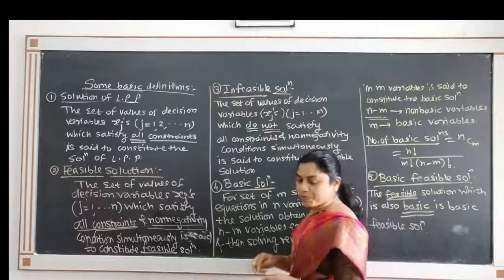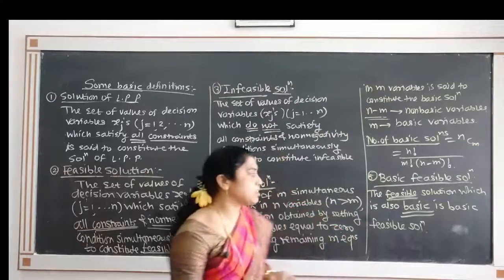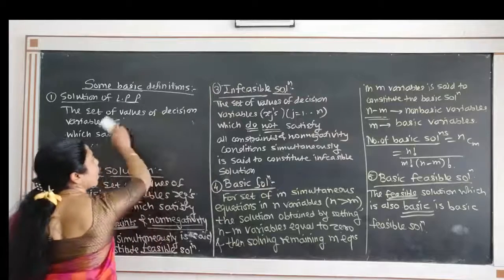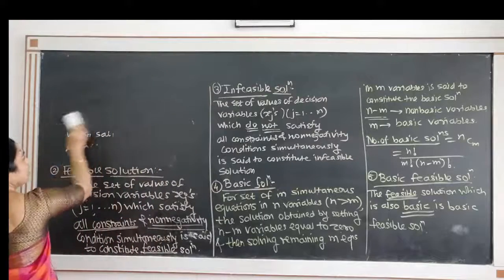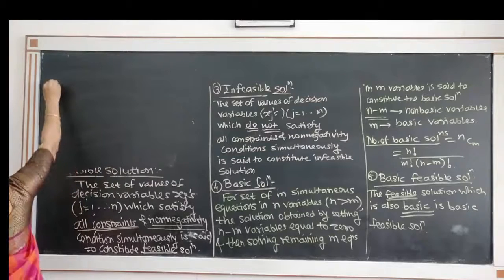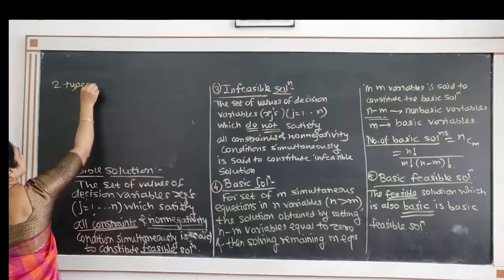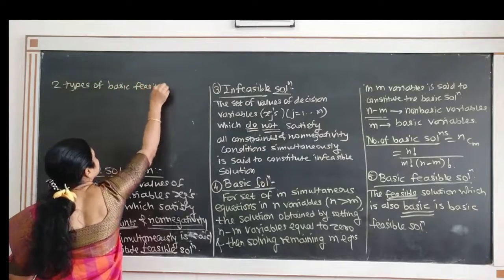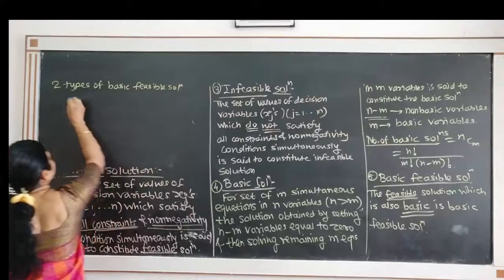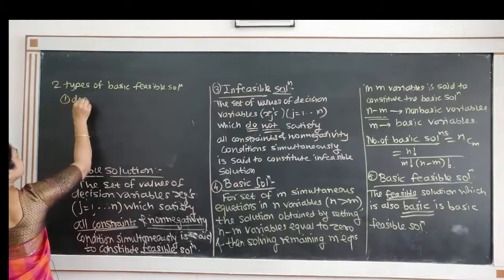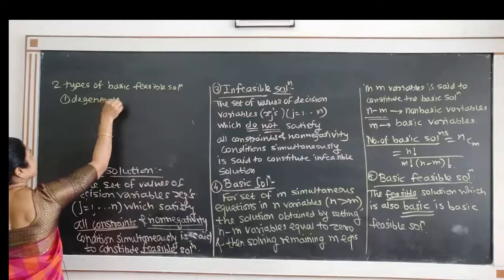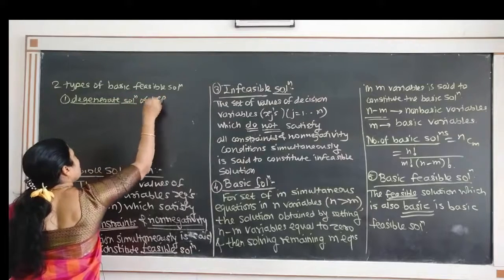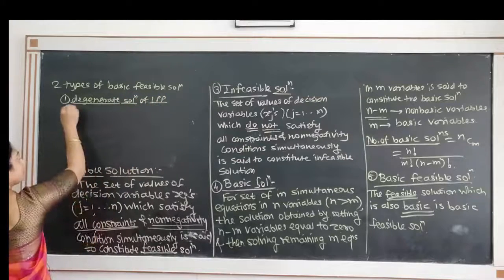So it is both feasible as well as basic, that is nothing but basic feasible solution. A basic feasible solution is of two types. The first one is degenerate.